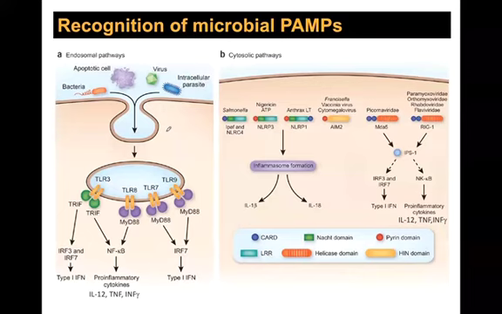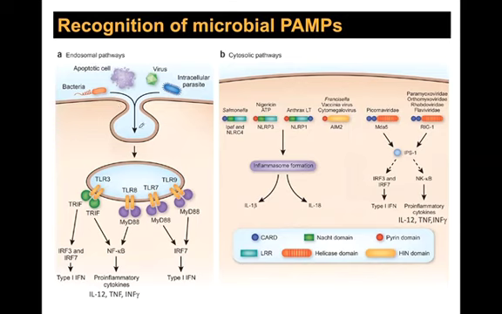So we go back and look at where these different recognition receptors are expressed. You can recognize microbial PAMPs either on the surface as viruses are trying to get into a cell to infect it, or in the endosomal pathways.